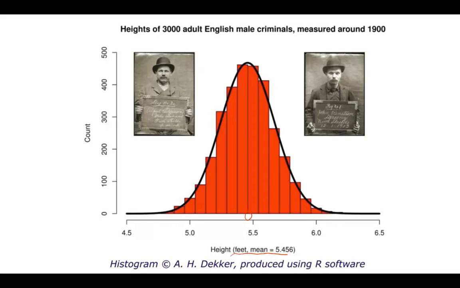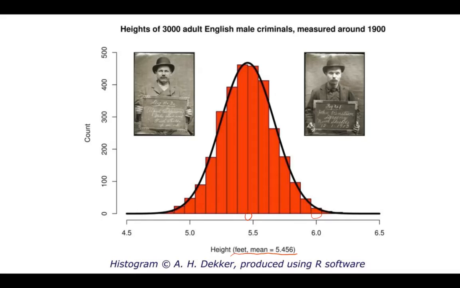So you can see here the mean was 5.456 feet, close to 5'5", 5'6". And as you extend out, very few were at 6 foot, and not really anybody down at 4.5 feet.